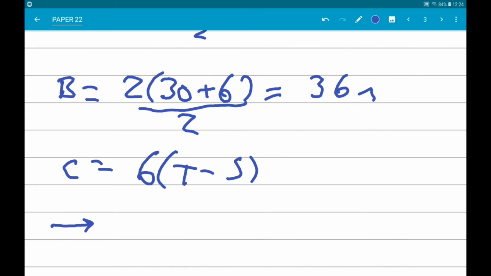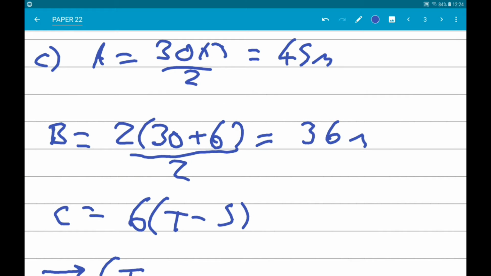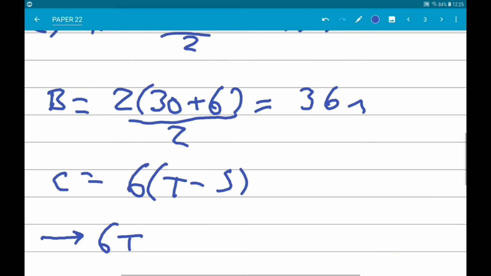So, we gather 6t. Now we have 45 and 36, so that's 81, minus 6 times 5, so minus 30, so that's going to give us add 51, is equal to 550.